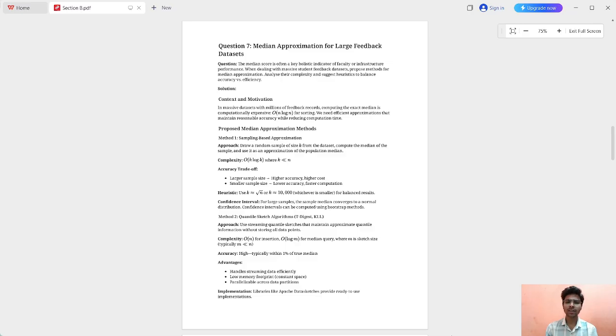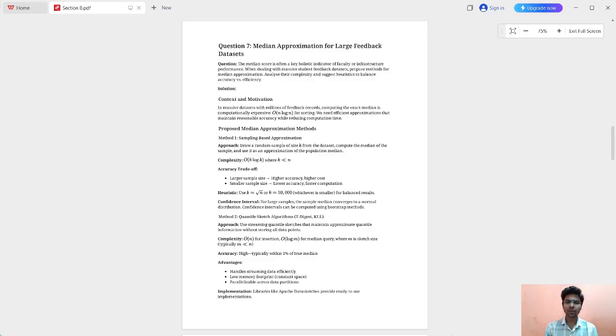Accuracy trade-off: a large sample size means high accuracy and high cost, and a smaller sample size means lower accuracy but fast computation. Heuristic: use k equals square root of n or 10,000, which gives a balanced result.